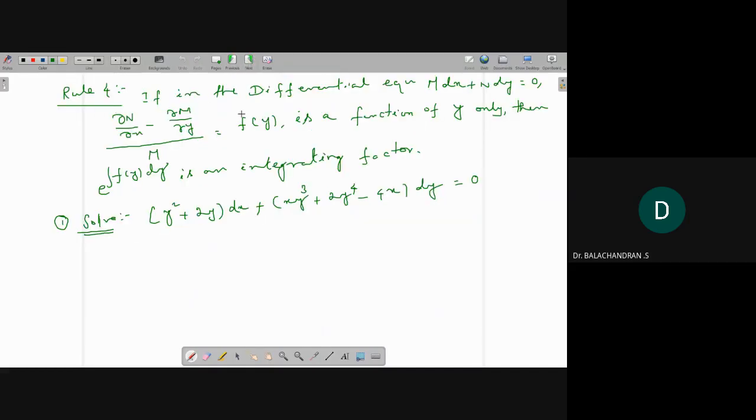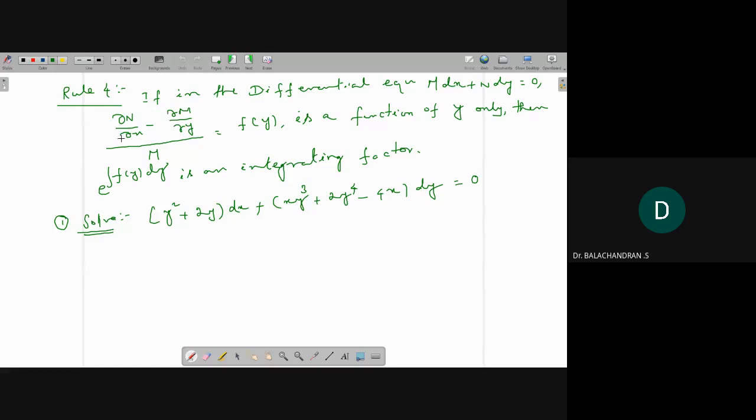Next, rule 4. If in the differential equation m dx plus n dy equal to 0, then here you need to calculate dou n by dou x minus dou m by dou y. What is the difference between the previous one and this? In the previous one, it was dou m by dou y minus dou n by dou x.